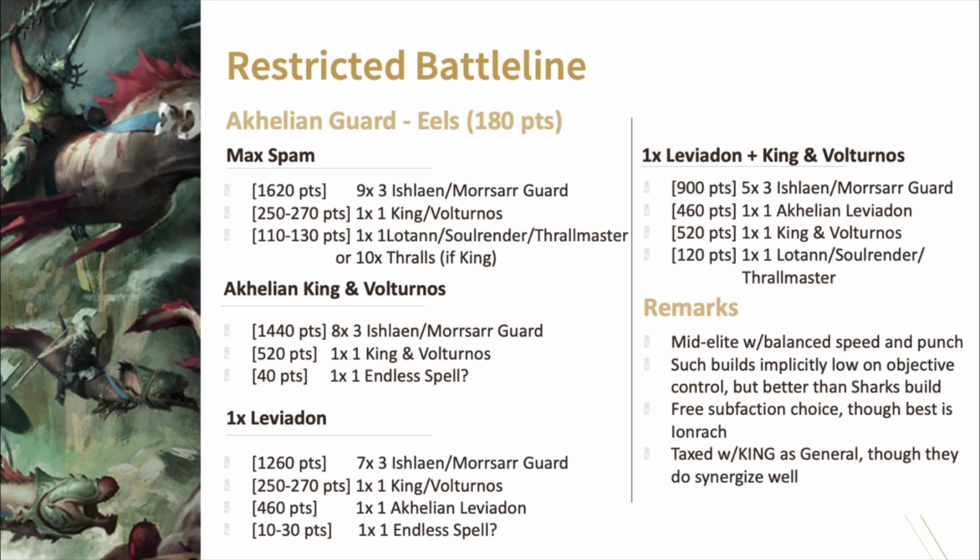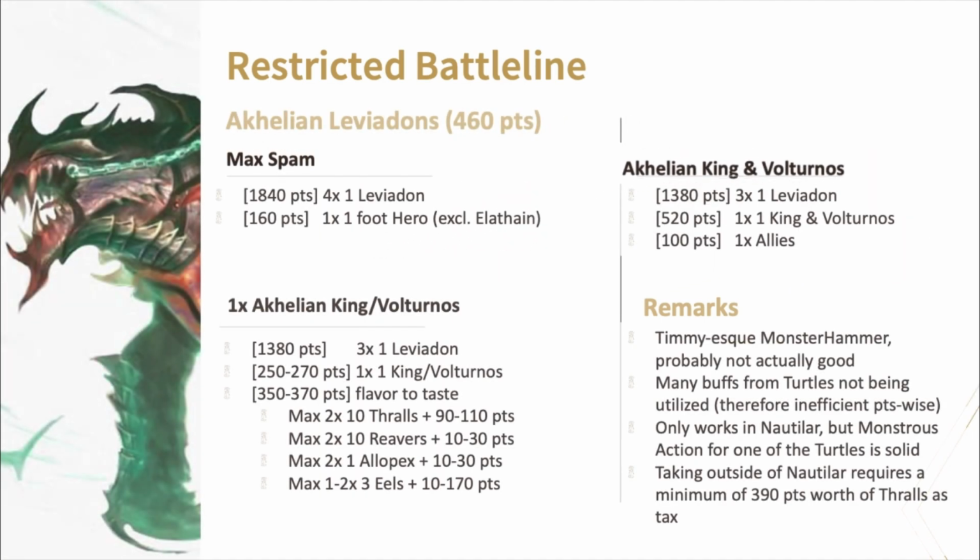And then the taxation here is with the king in general, though fortunately that tax is a good one because the kings are buffing the eels because they're all Achillean and they like to be in combat, so it's not the worst. Let's move on to the one you're probably wondering about, the big boys, the Leviathans.